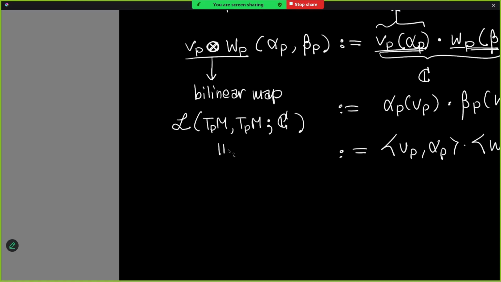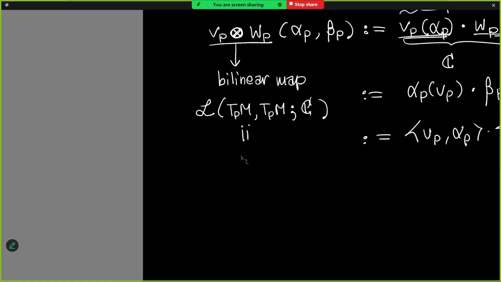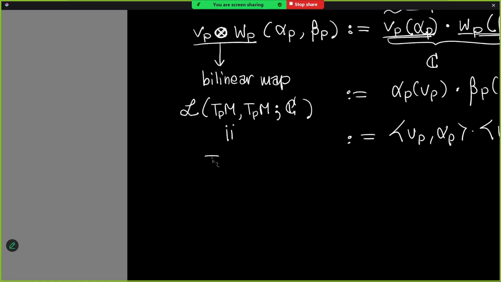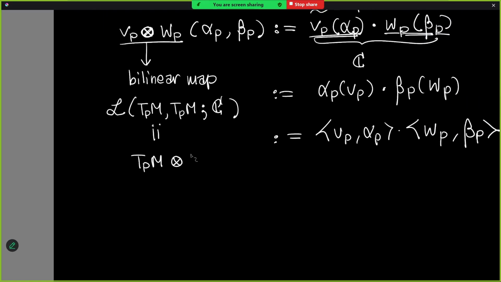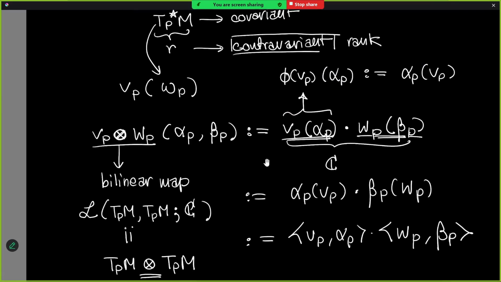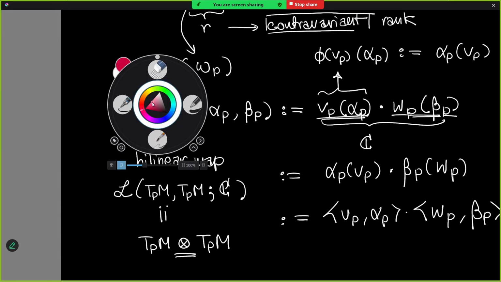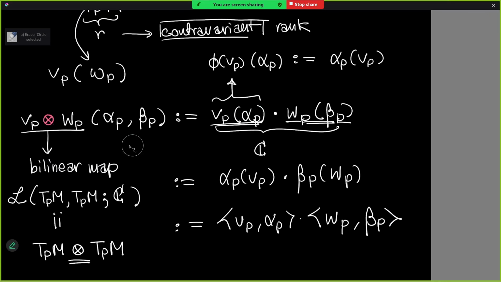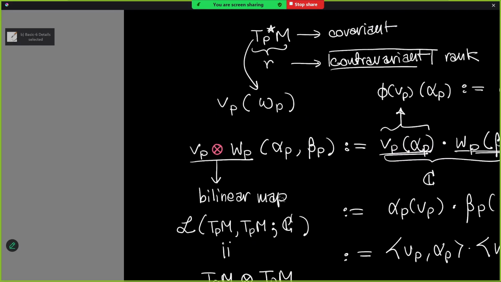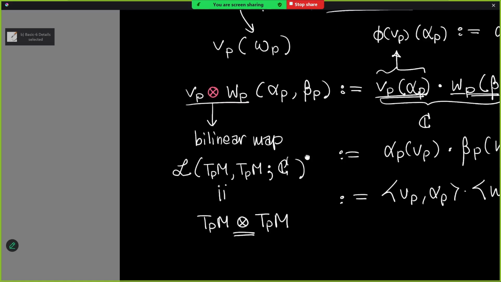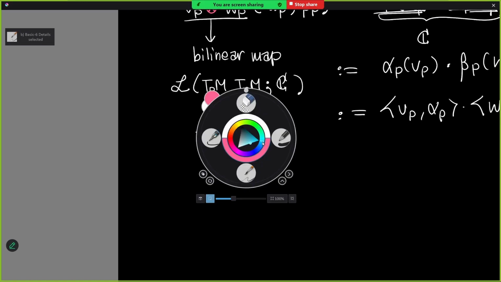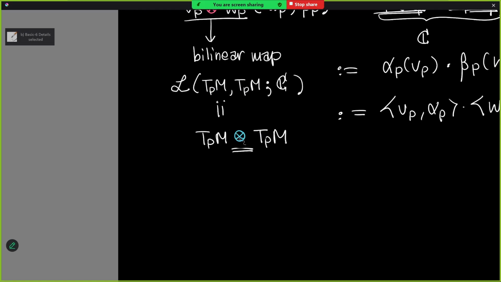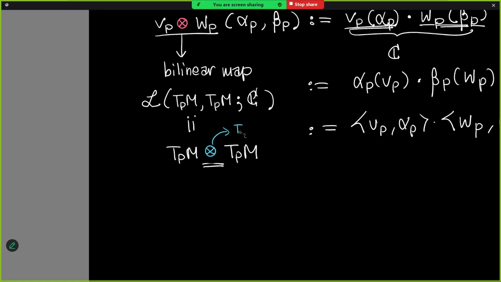So this is what we call, by definition, TPM times TPM. So we were talking about the tensor product of elements. That's what this is. Let me color code them so that we can differentiate them. This pink product is the tensor product on the elements in the space, and this, let's make it blue, I guess, will be the tensor product on spaces.